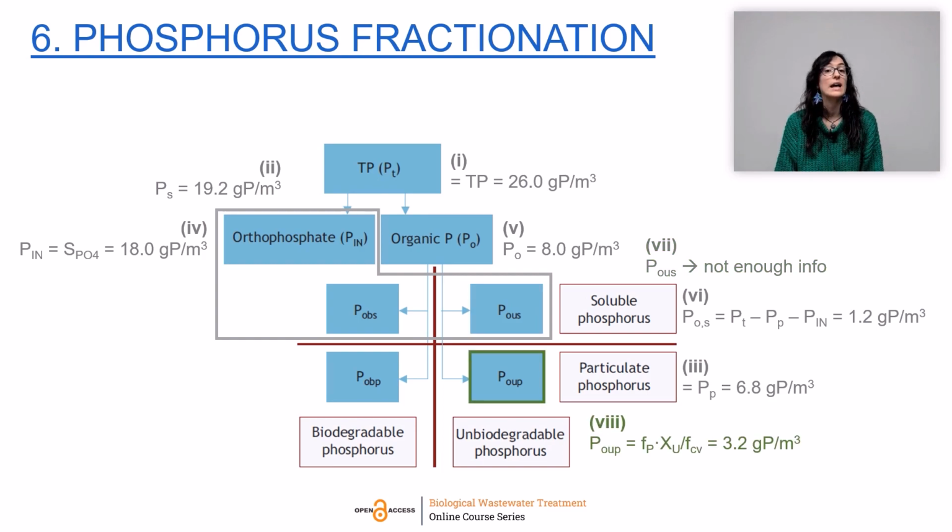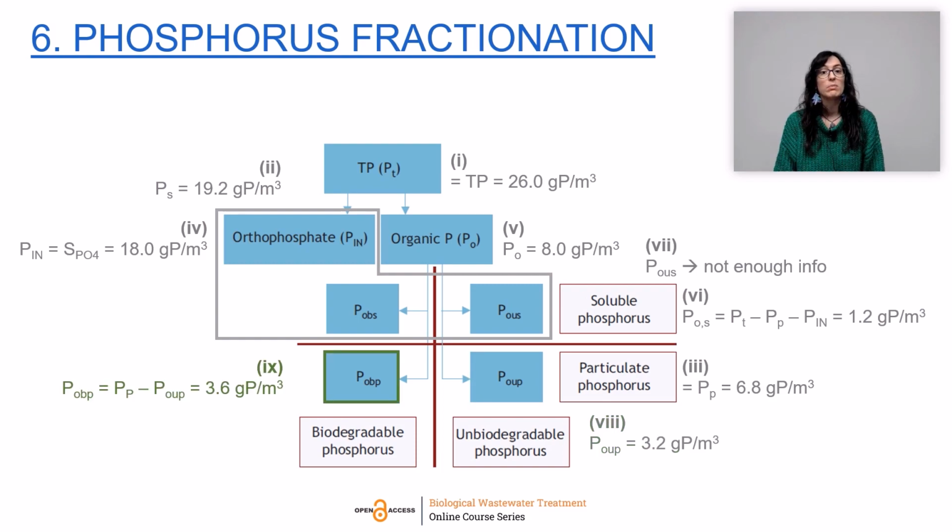Nevertheless, we can still estimate the fractions of the particulate compounds. We can start with the unbiodegradable particulate phosphorus that can be again calculated by using the phosphorus fractions of the unbiodegradable particulate COD that have been given by the exercise. Again, it is important to pay attention to the units during these calculations.